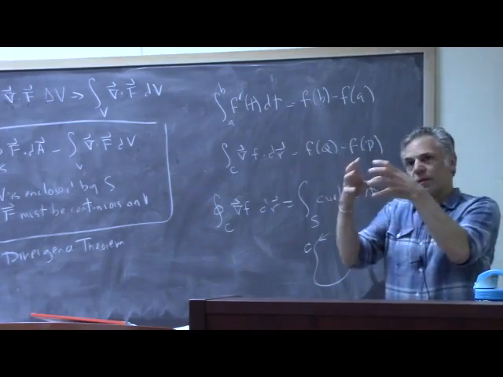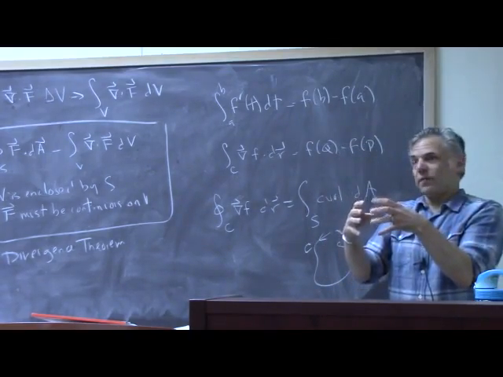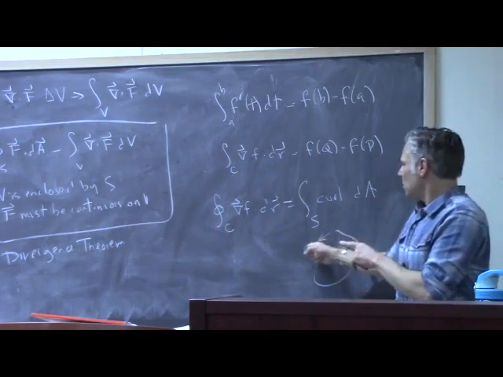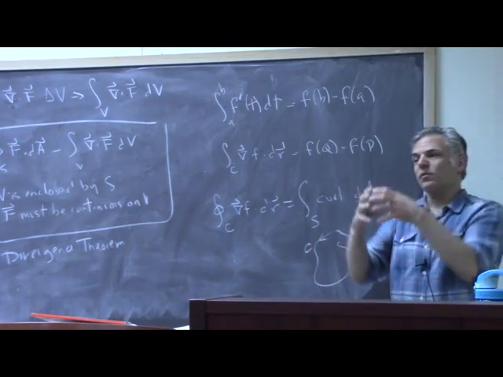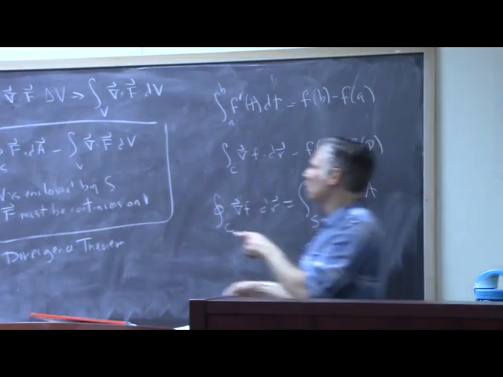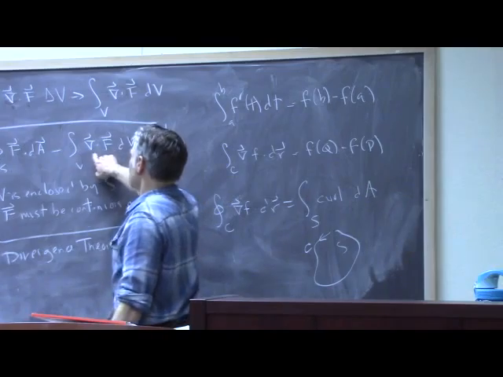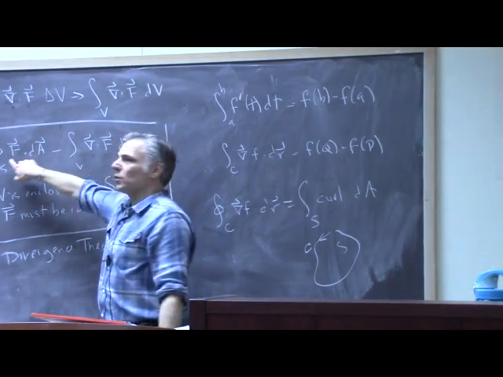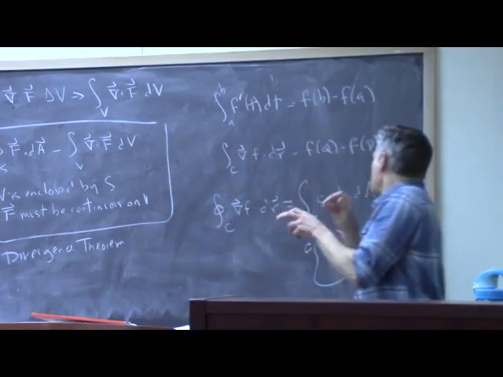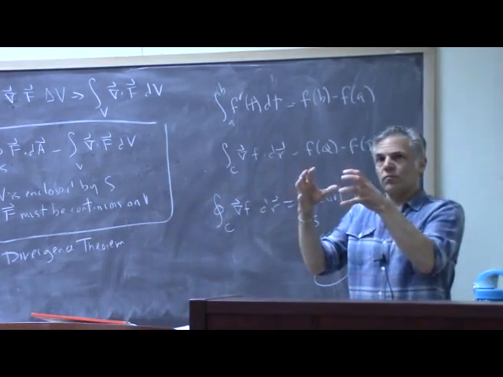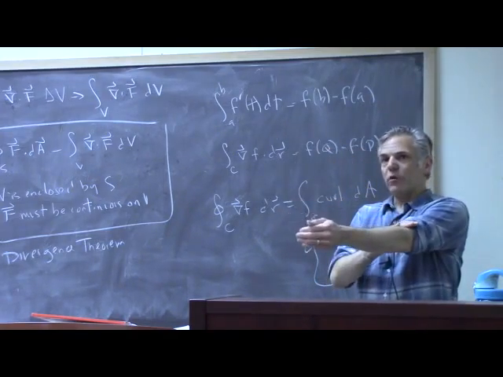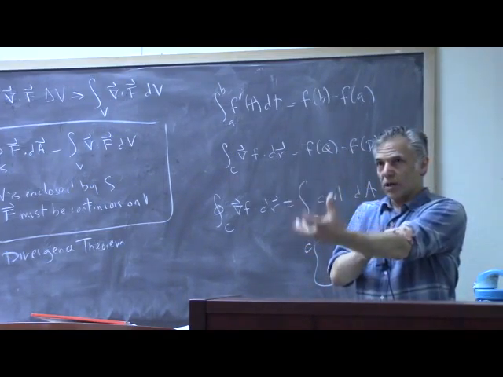So we're taking a statement about an area integral, and because it's a type of derivative, that turns into an integral that's just around the boundary of the surface. And here we have a volume integral that, because it's a type of derivative, gets converted to a surface integral. So these fundamental theorems take an integral and replace it with something that's just going on in the boundary of the region.